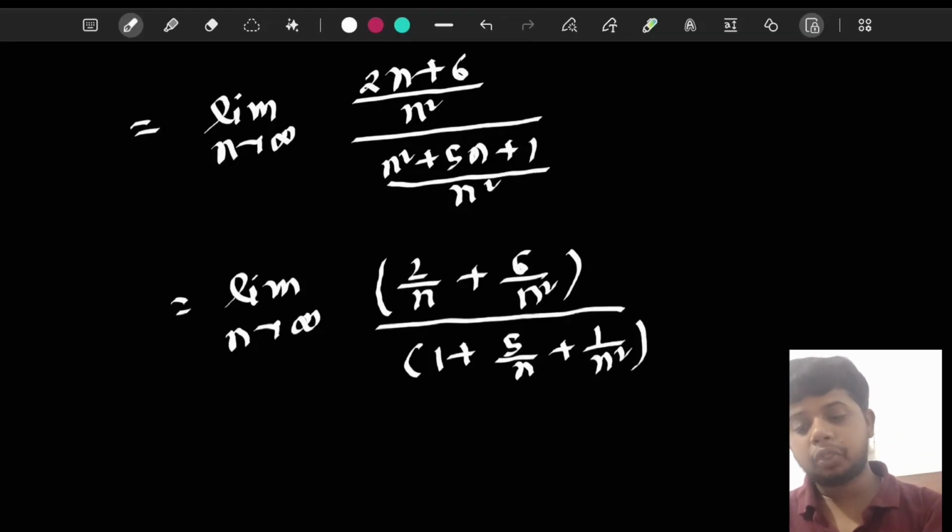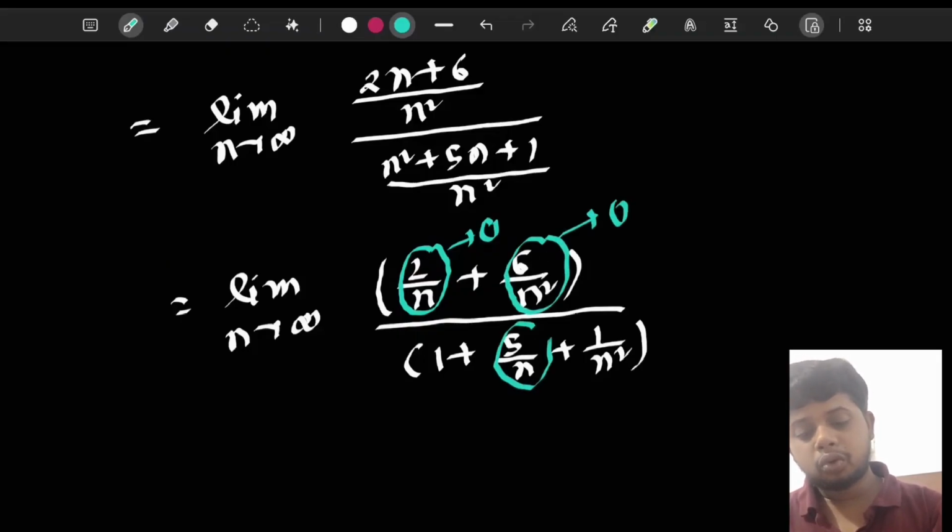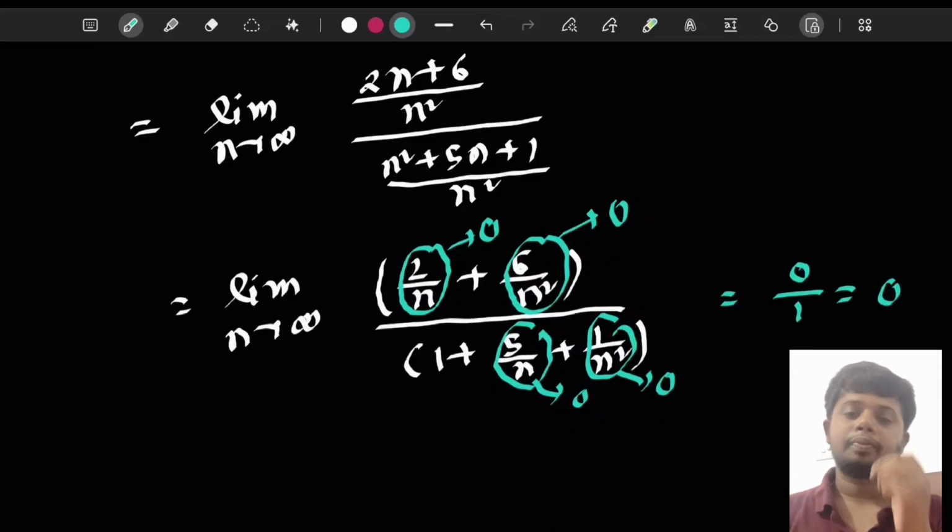So when n tends to infinity, this will go to 0, this will also go to 0, this will also go to 0, this will also go to 0. So we can say here 0 by 1, that means the answer is 0.